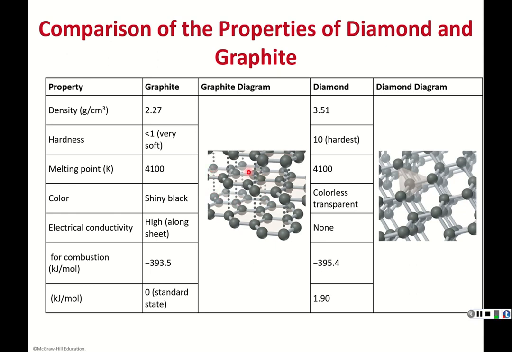So those intermolecular forces are easier to break. And so you can see the difference in some of the physical properties that reflects how much easier it is to break.